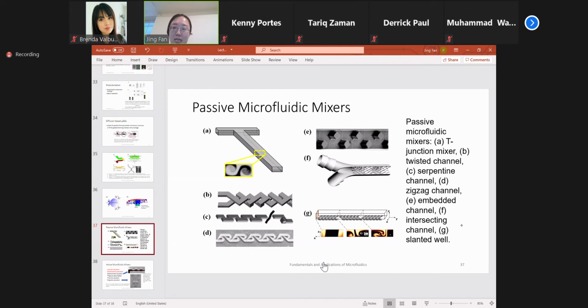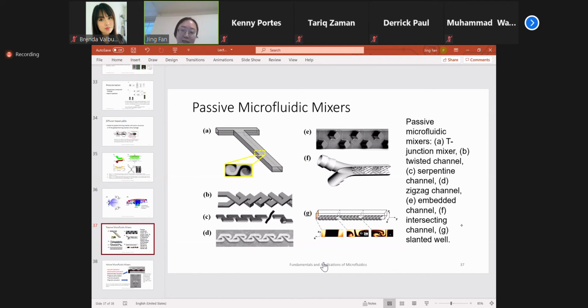And panel B is twisted channels. From its name, we can see that this type of microfluidic mixer has two twisted channels with periodic junctions along the main axis. Two fluids are injected through the two inlets into the two channels, and they combine at the junction and then split, maybe reorient, and then recombine at the next junction.